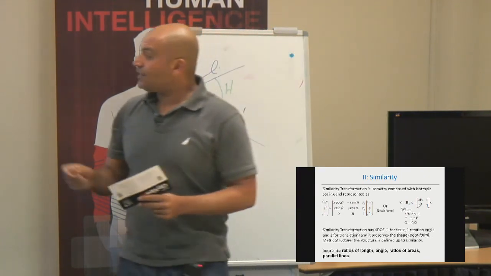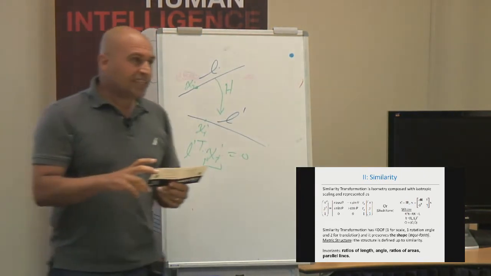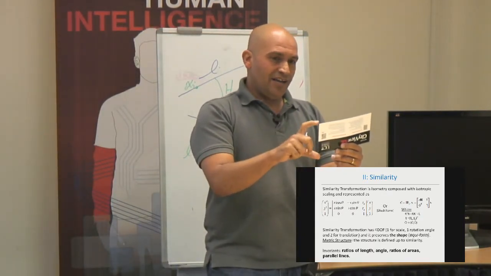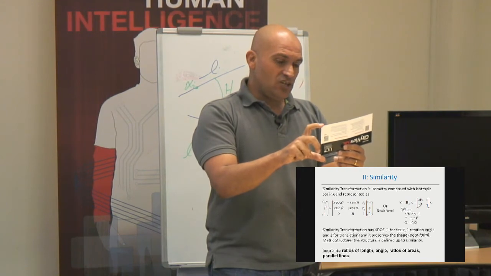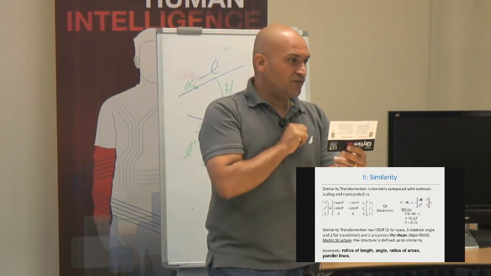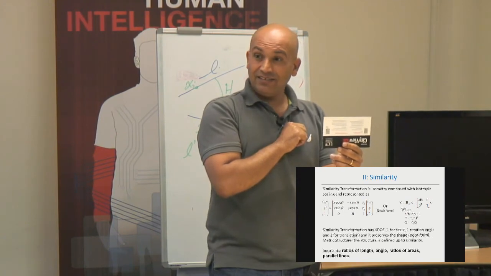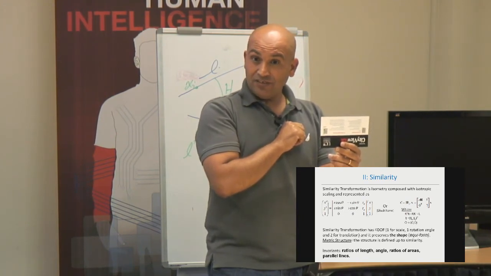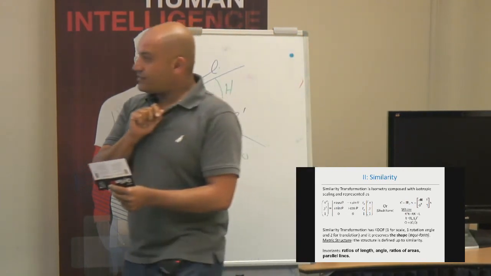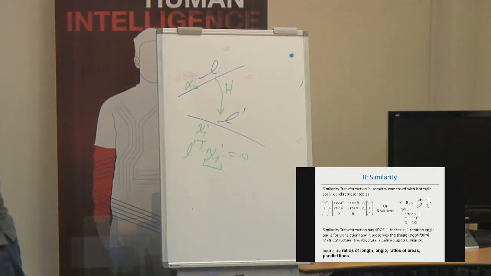Yes, angles are preserved. What else is preserved besides length? Let us think, take this rectangle. Is the ratio between the width and the height of this rectangle preserved? Yes, so the ratio between lengths is preserved.